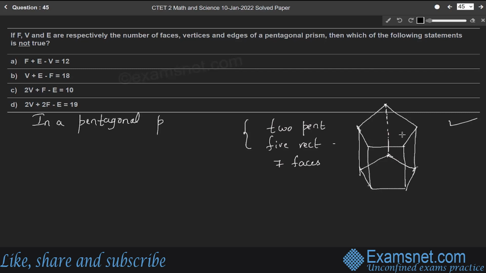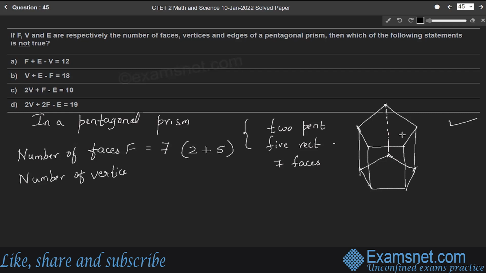Pentagonal prism. So number of faces, F is equal to 7. So 2 pentagonal faces and 5 rectangular faces. Next is number of vertices. V is equal to 10 vertices.